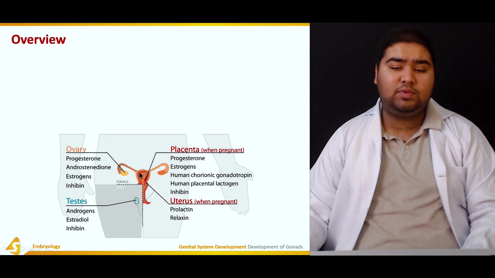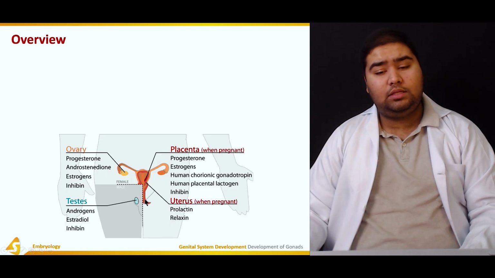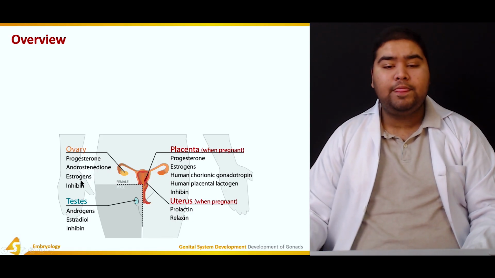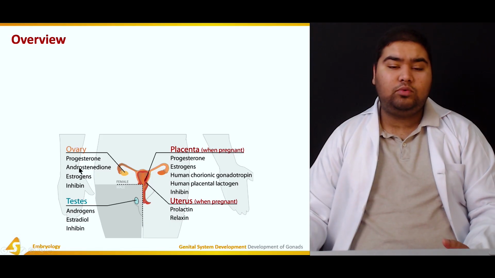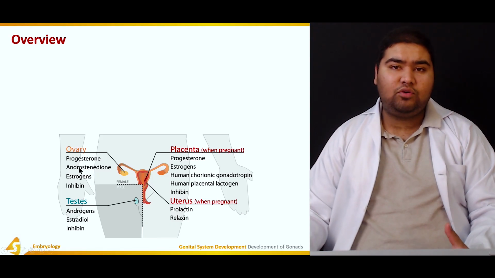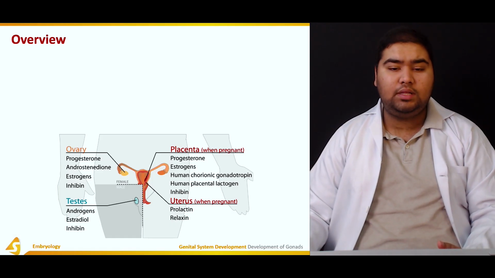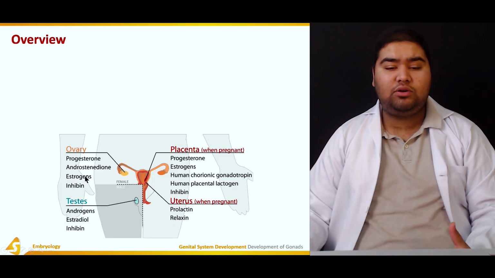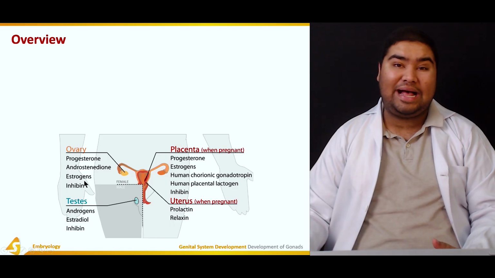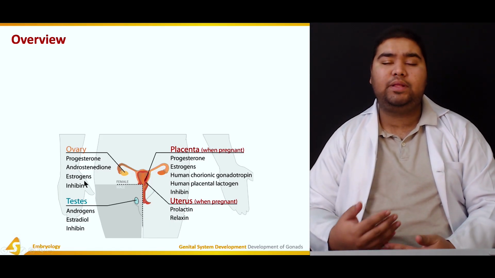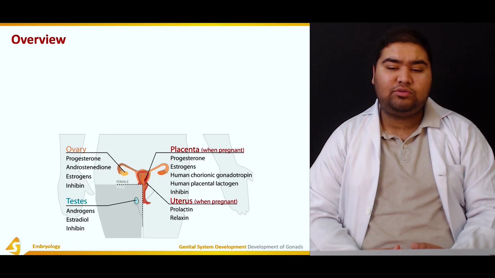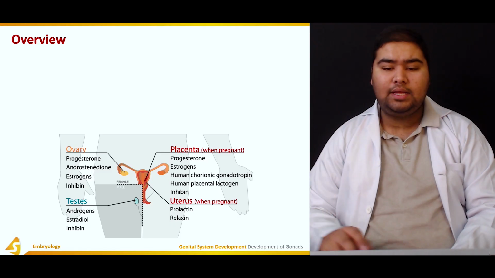This uterine tube opens into the uterus, and this uterus into the vagina. These are the various hormones which also play an interactive role in the development of a human. These are the progesterone, the androstenediones, the estrogens, and the inhibins. They help in the production of secondary sexual characters in the females.